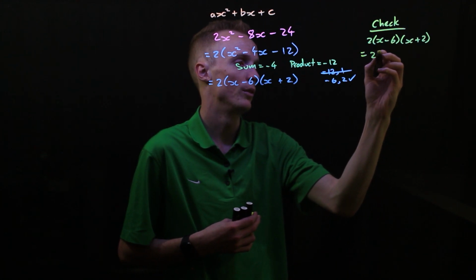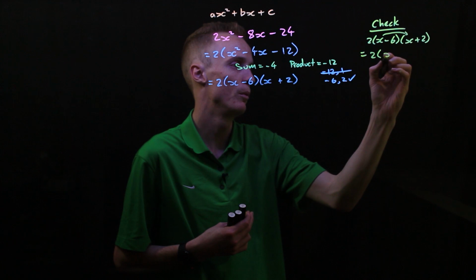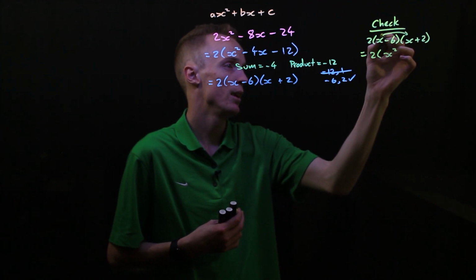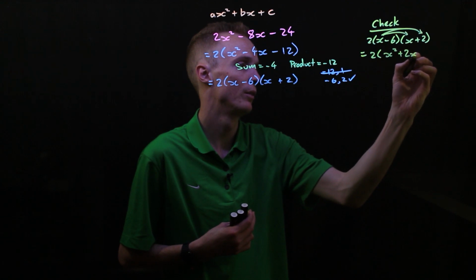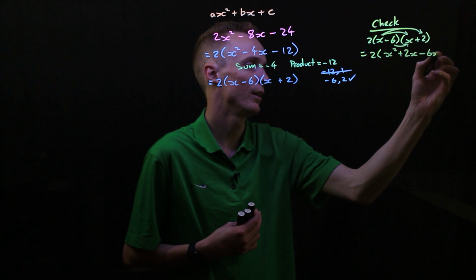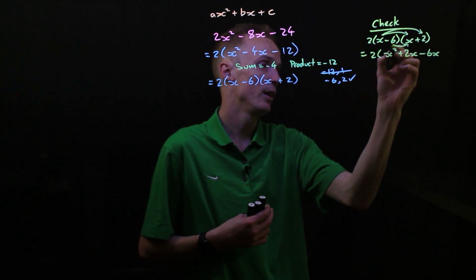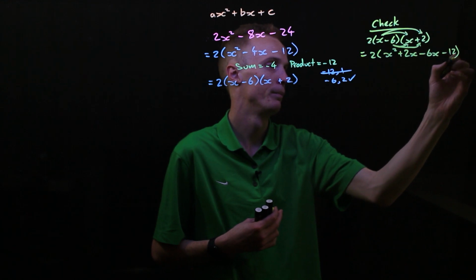So this will be equal to 2, open up a bracket, x times my x will be x squared. x times my positive 2 will be plus 2x. Negative 6 times my x will be subtract 6x. And negative 6 times positive 2 will be subtract 12.